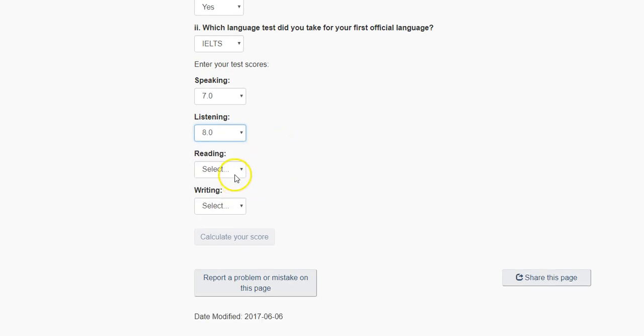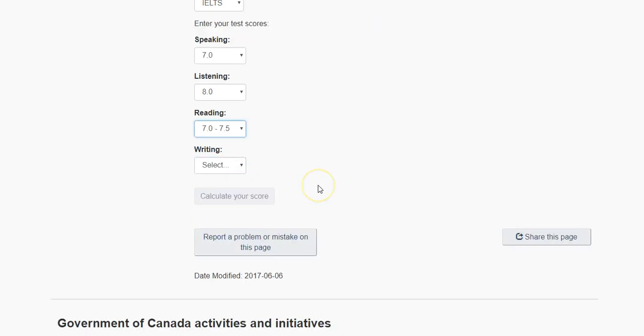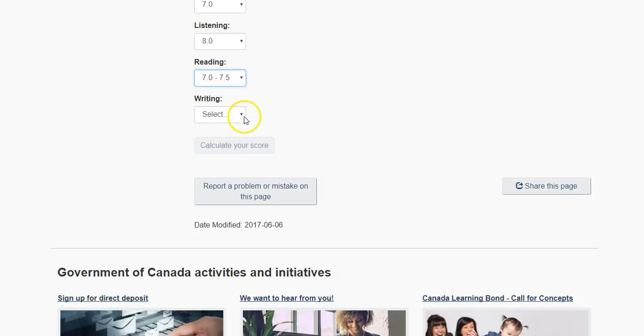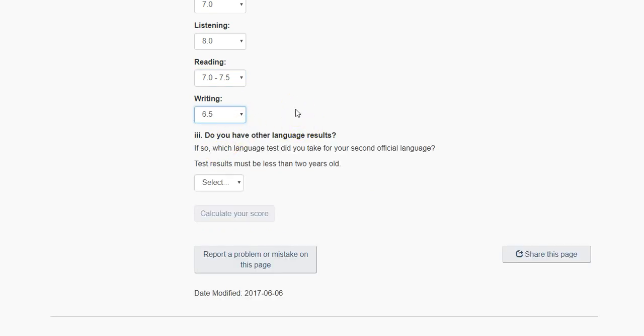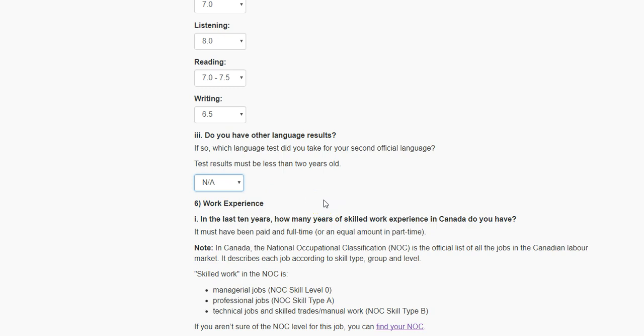I'm very generous to myself. Reading, say I just got a 7. Writing is not my forte. Then it generates another question: do you have another language test result? If I spoke French, but in this case I say no, not applicable.